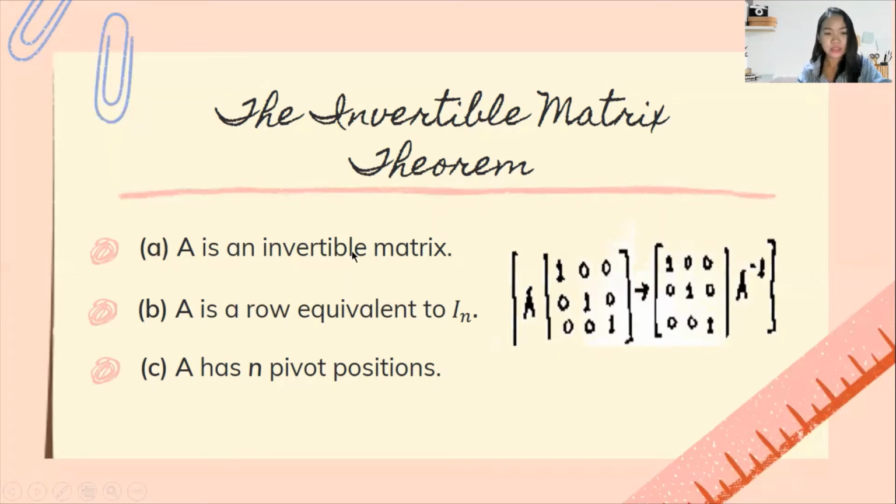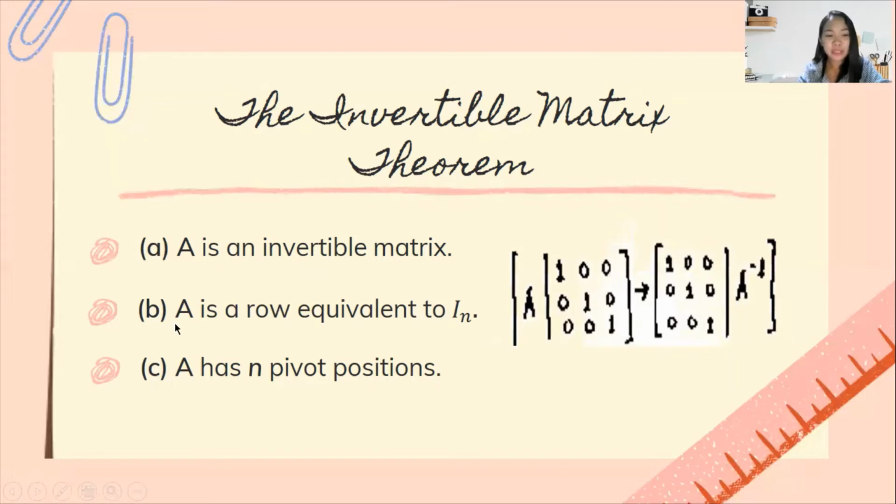Then next, these three statements are interconnected with each other. Say for example, A is invertible, so A implies B. We cannot find an inverse of a matrix without going through row reduction.